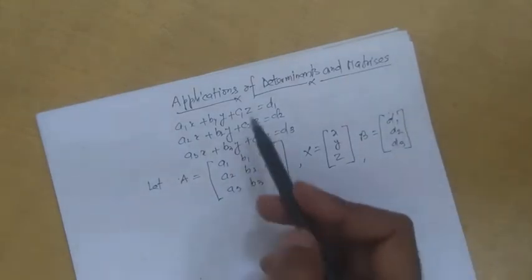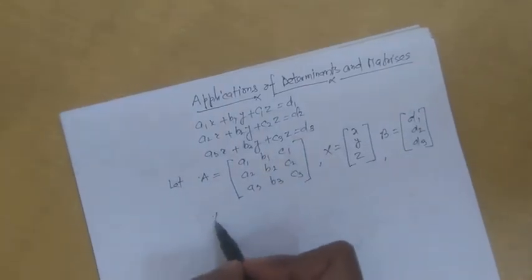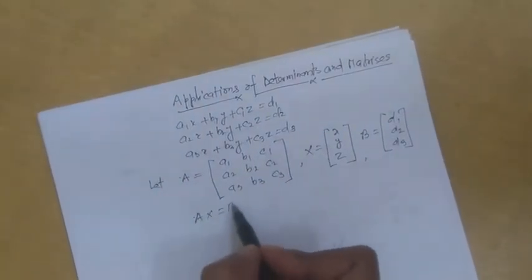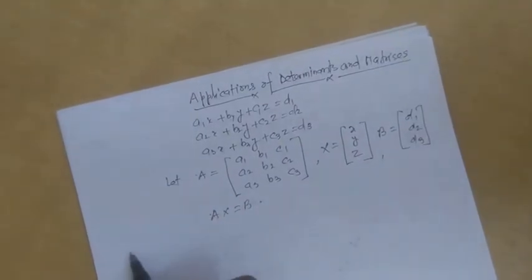So these linear equations can be written as AX is equal to B. Then we have some cases.